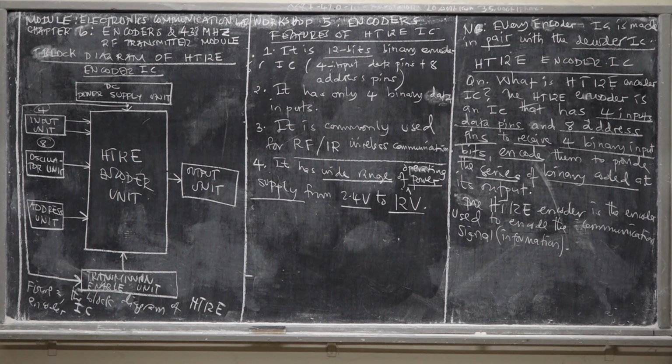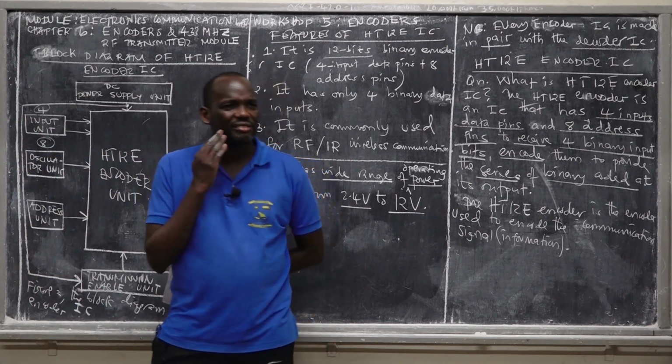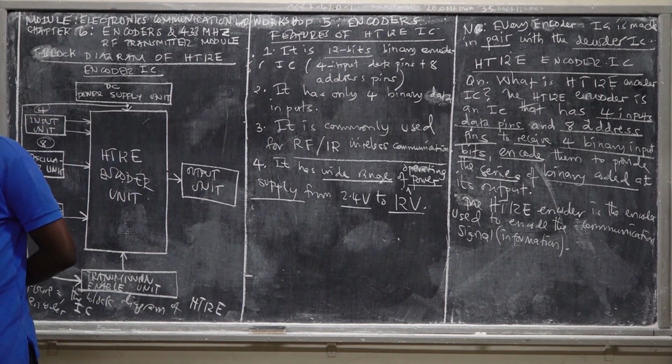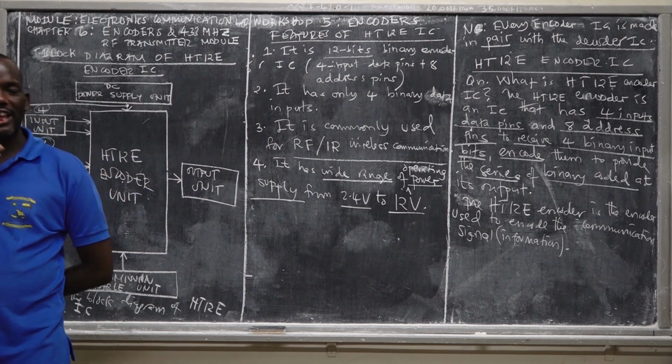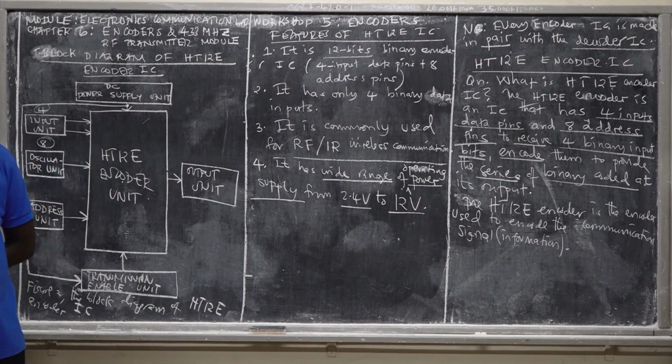Okay, 2.4 volt is minimum, 12 volt maximum. What does it mean? Why do we have 2.4 volt? What does 2.4 tell us and what does 12 volt tell us? You have already explained the response in Swahili. Very good. Keep explaining.